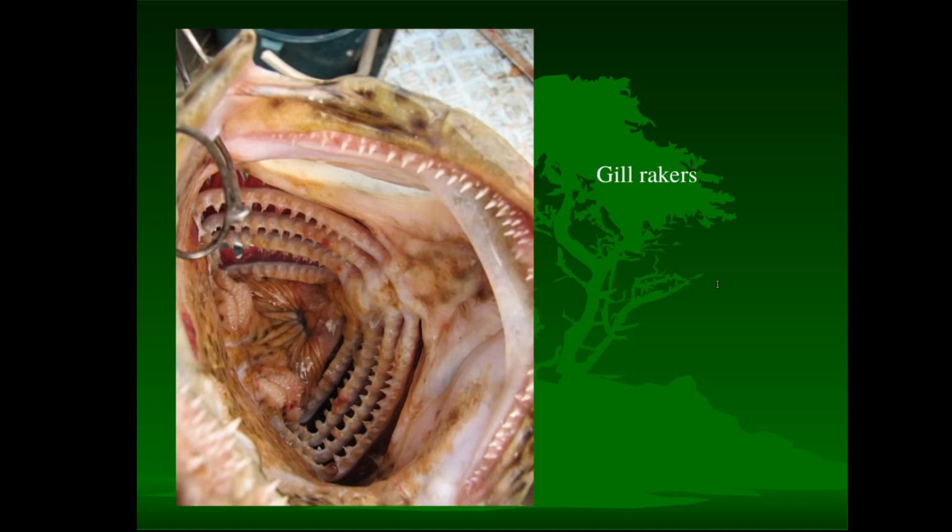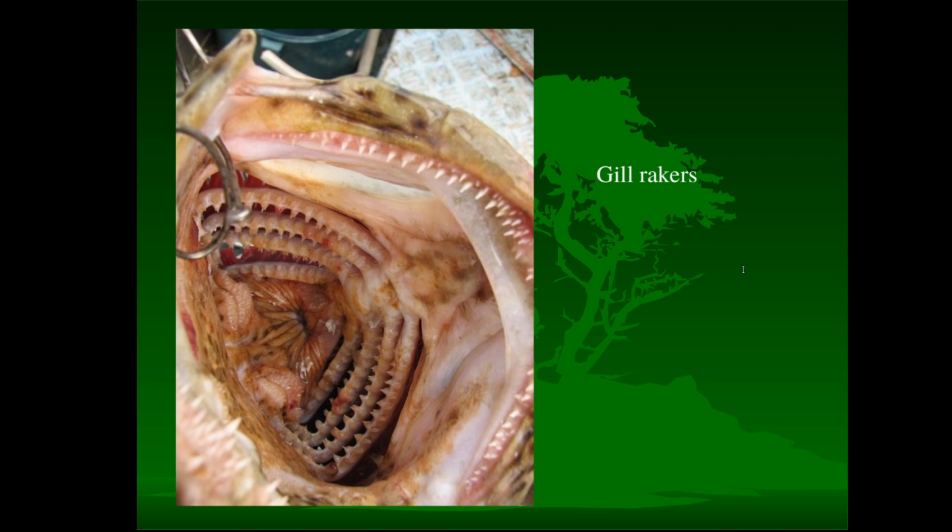So these fish feed using gill rakers, which are structures attached to the gill arches that allow fish to filter food particles out of the water as the water passes through the gills. So many fish are suspension feeders that use gill rakers to filter out food particles in the same way that baleen whales use baleen to filter out food particles.